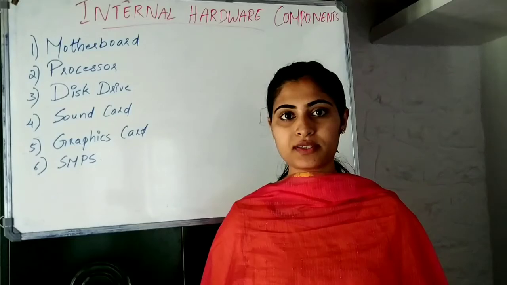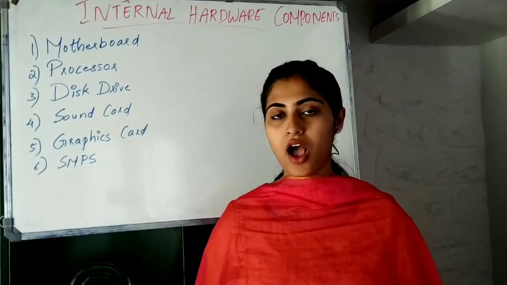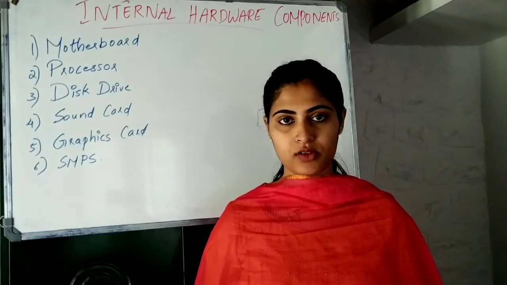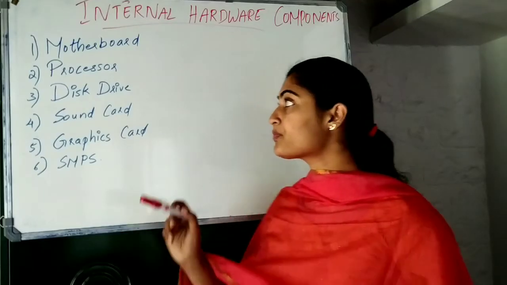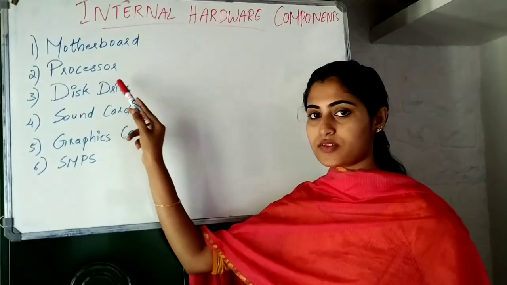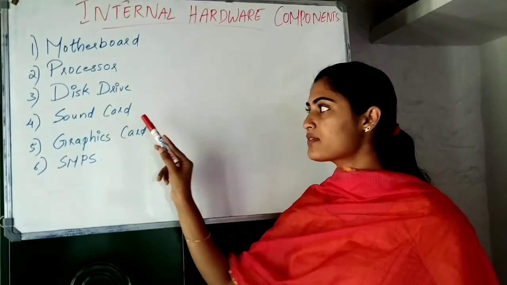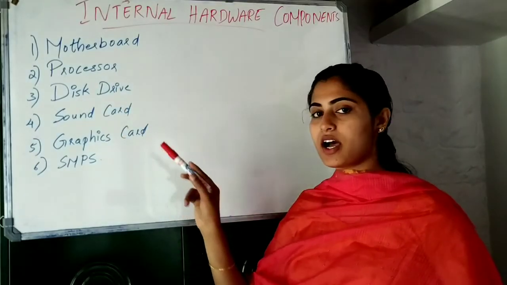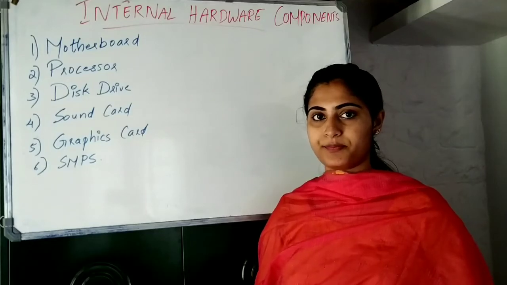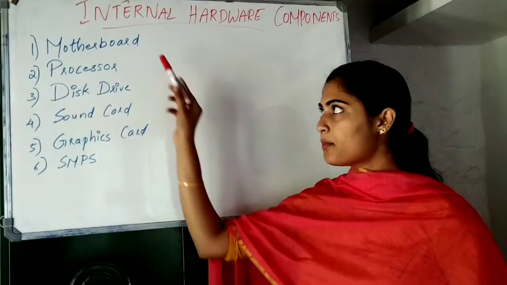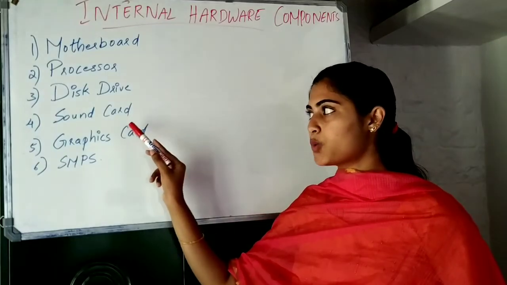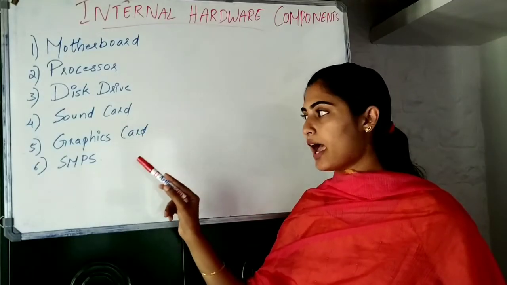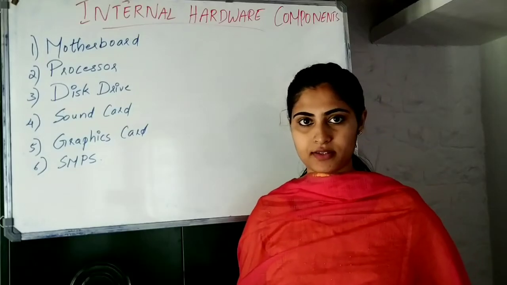Today we will be studying the internal hardware components. The internal hardware components are motherboard, processor, disk drive, sound card, graphics card, SMPS. Once again, motherboard, processor, disk drive, sound card, graphics card and SMPS.